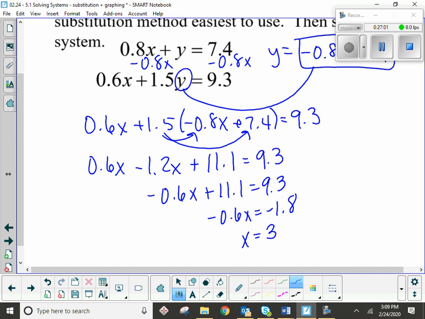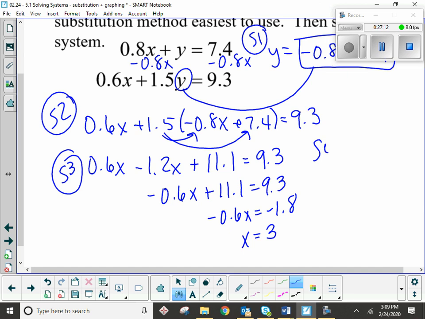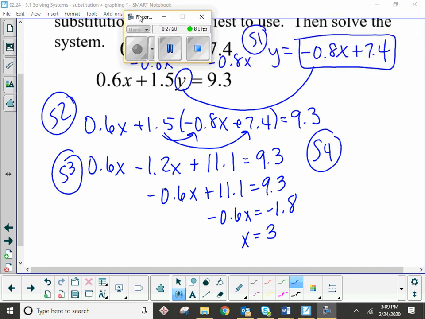Now we need y. So this was step 1. This was step 2, plugging it in. Step 3, solving. Step 4, take that x equals 3 and plug it into whatever you got in step 1. So I had y equals this. I'm going to plug 3 in for x now.